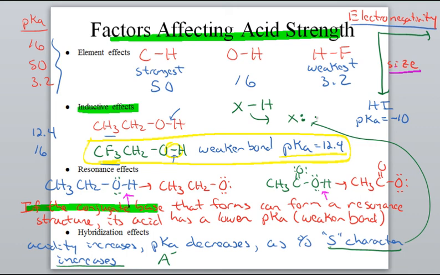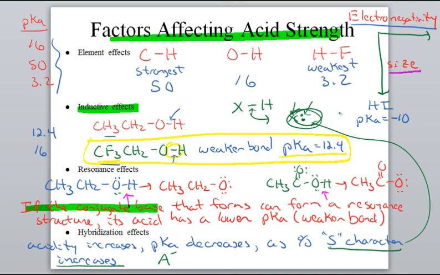The pKa increases. Percent S character is related to how big or how small the orbital is, whether it's a bonding or a lone pair orbital. As S character increases, the orbital becomes smaller. It means those bonding electrons are closer to X, whether they're lone pair here or if they're bonding.